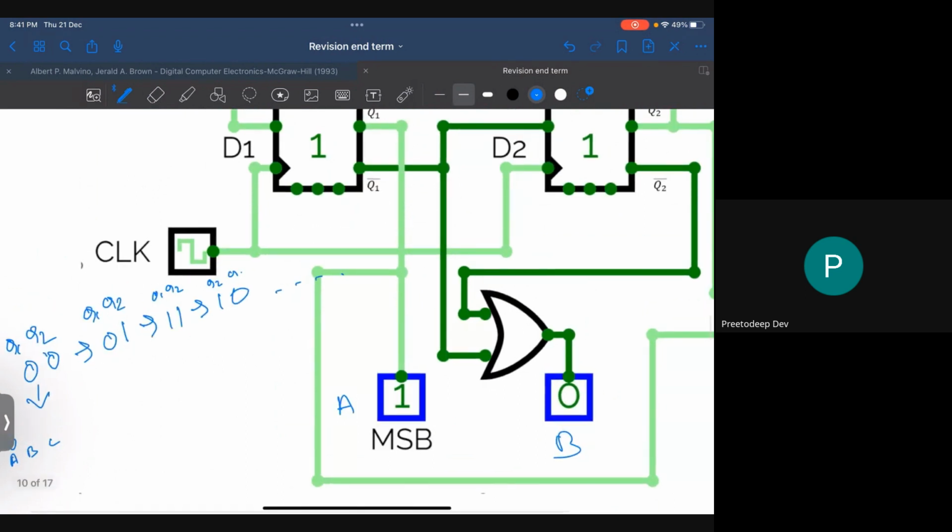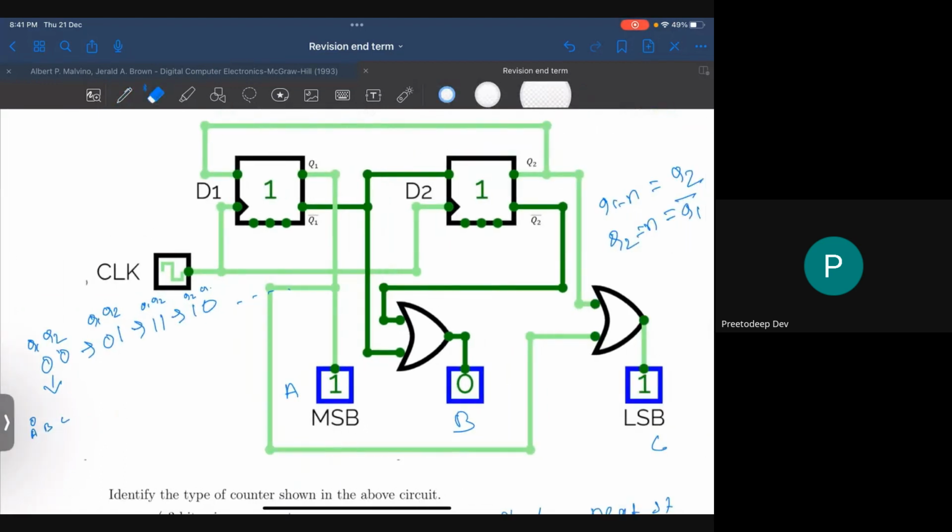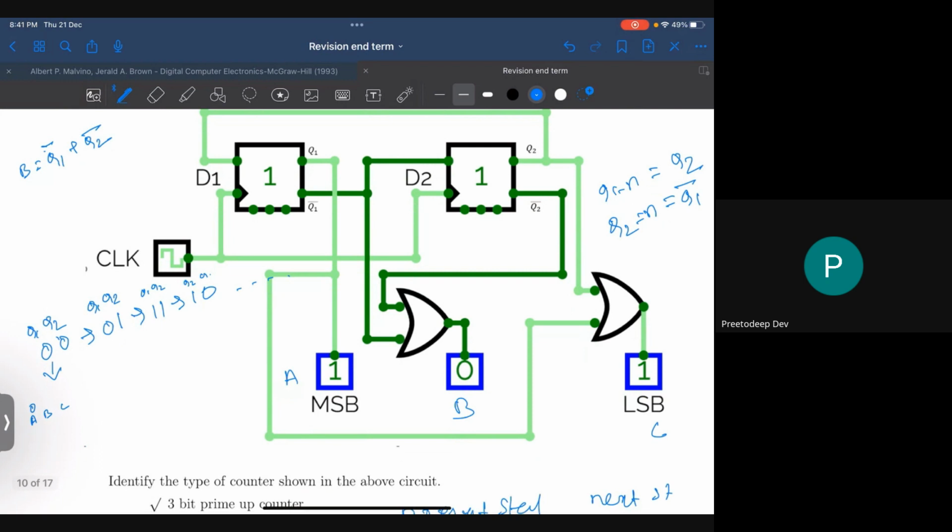And what is the value of b? You can see that b equal to q1 bar plus q2 bar, correct? Q1 bar plus q2 bar, so it's 0 bar which is 1, plus 1, it will be 1, right?